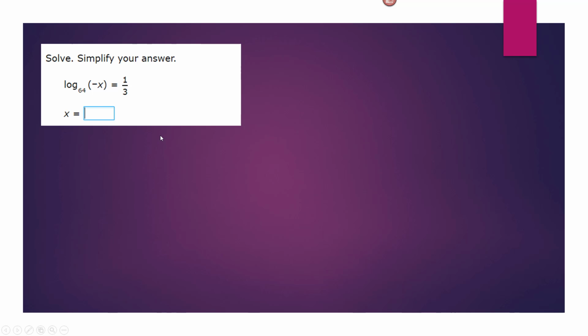All right, in this example, it looks a little interesting because we've got the fractions, we've got a negative on our x here, and then the 64 is starting to get a little large, but that's okay. We're going to just take it one step at a time and do what we know. We're going to use that loop to set up our equation. So we can say that 64 raised to the 1/3 power is going to be equal to negative x.